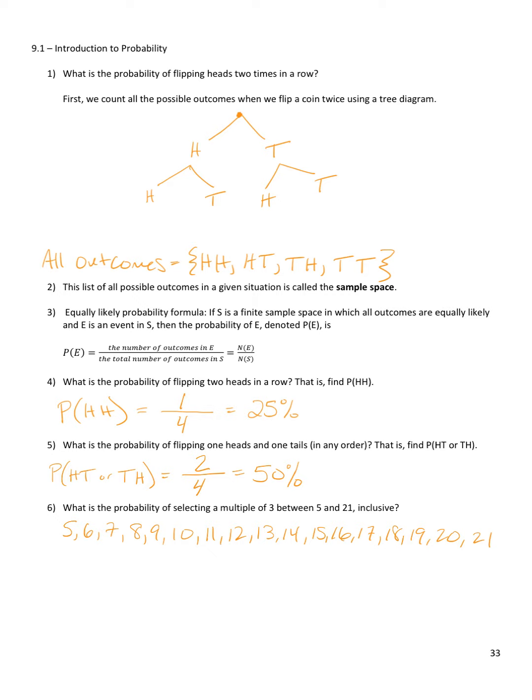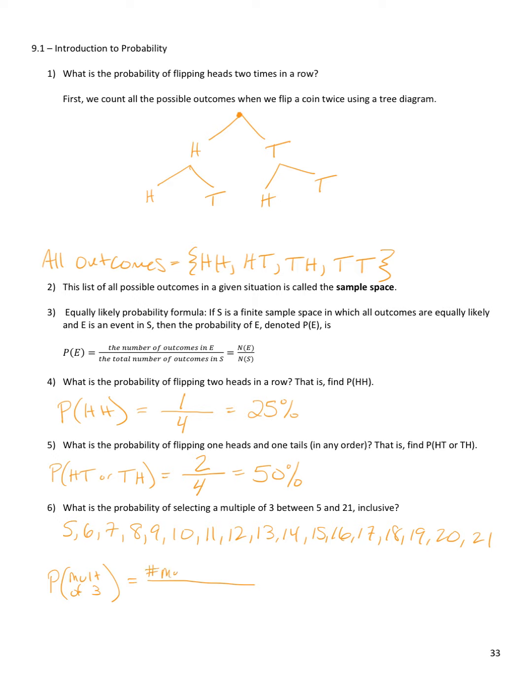Okay, let's see, the probability of selecting a multiple of 3. The probability that we get a multiple of 3 would be a ratio, and the numerator is the number of multiples of 3 in the list, and the denominator is going to be the number of numbers in the list.